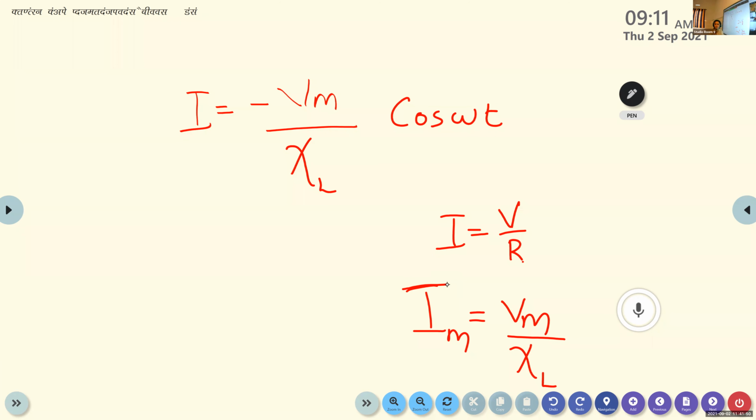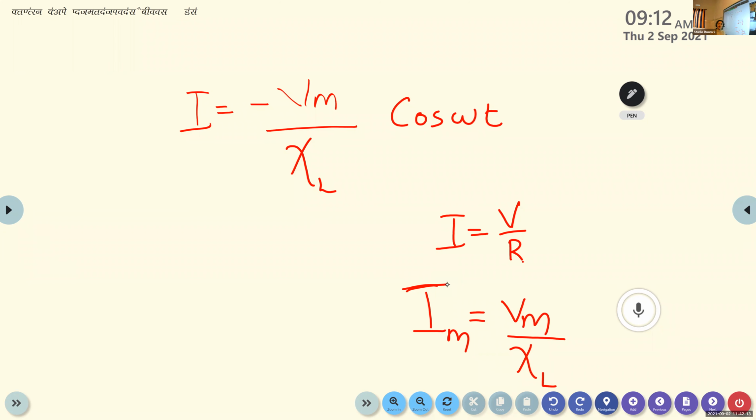By Ohm's law, I is equal to V by R. Similarly, in the case of an inductor, instead of a resistor with resistance R, we have an inductor with inductive reactance XL, which has the same function as a resistor. It opposes the flow of current through the inductor.